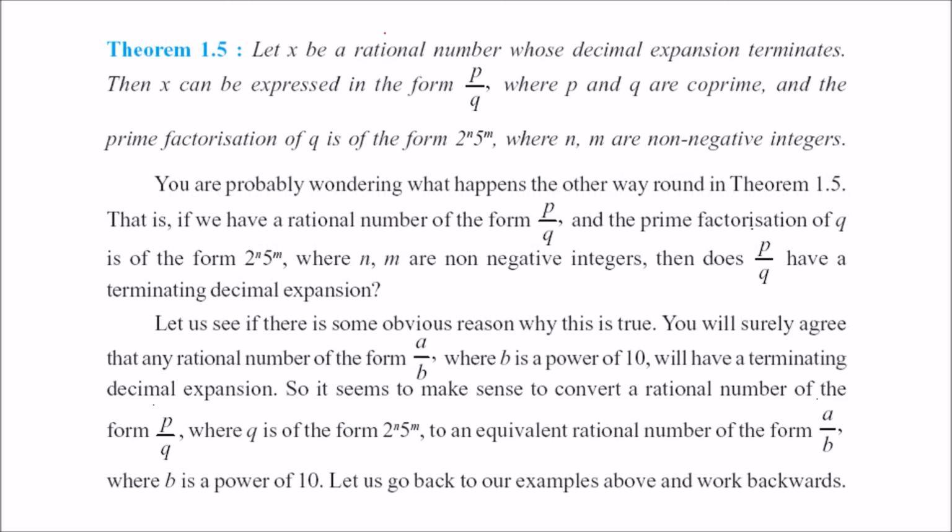Let us express it formally. If x is any rational number whose decimal expansion terminates, and x can be represented in the p by q form as we represented earlier, and p and q are co-prime, and this q can be factorized in the form 2 to the power n and 5 to the power m, where m and n are non-negative integers.